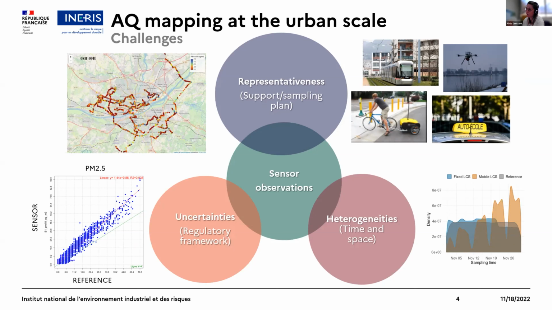And I think the most important one is the uncertainty of the measurements, because if you want to use these sensor observations in the regulatory framework, we need to correct the bias of these measurements and to consider the uncertainty in our data fusion procedure.